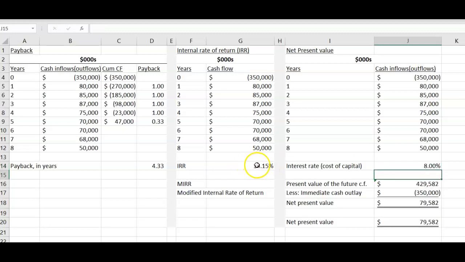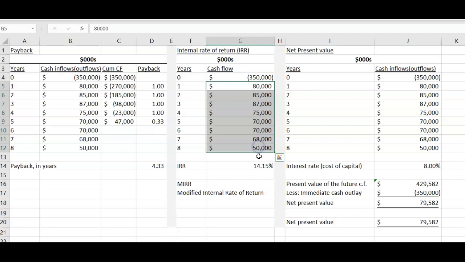So this internal rate of return has a major weakness. It assumes that all of these positive cash flows are reinvested at the internal rate of return rate. So it assumes when we get 80 million, we have other opportunities to invest an additional 14.15%. Quite honestly, that may not be realistic.